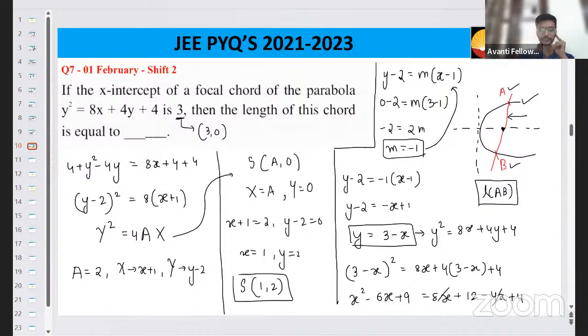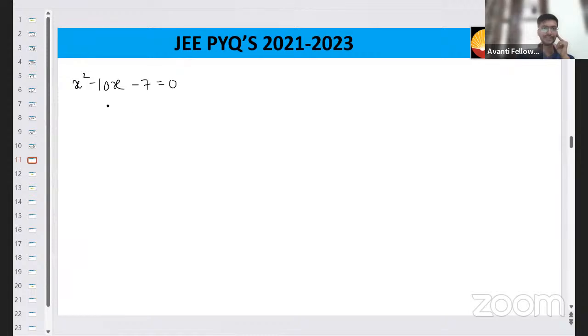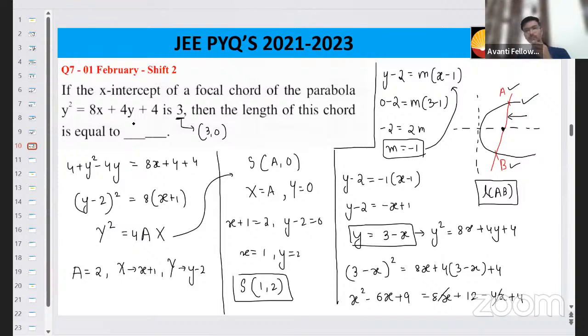I think we made some mistake, guys, because the equation is not factorizable, right? So what can we do now? Hmm.